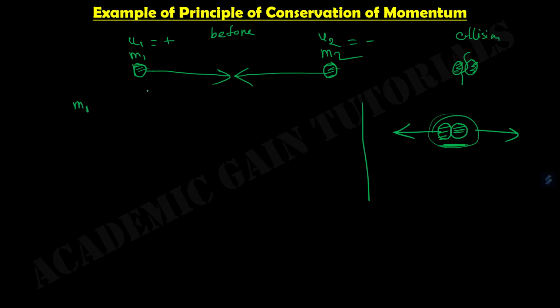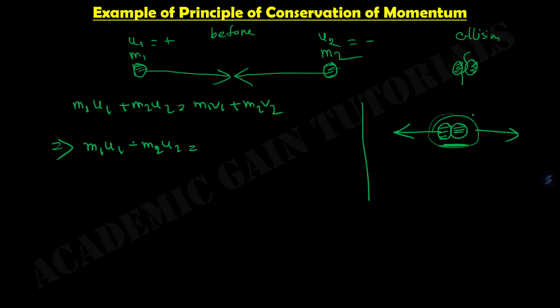So we know the formula of conservation of momentum is m1 u1 plus m2 u2 equals m1 v1 plus m2 v2. That means the total momentum before collision equals the total momentum after collision. Here we can see that u2 is negative and u1 is positive, so we can write this as m1 u1 minus m2 u2.